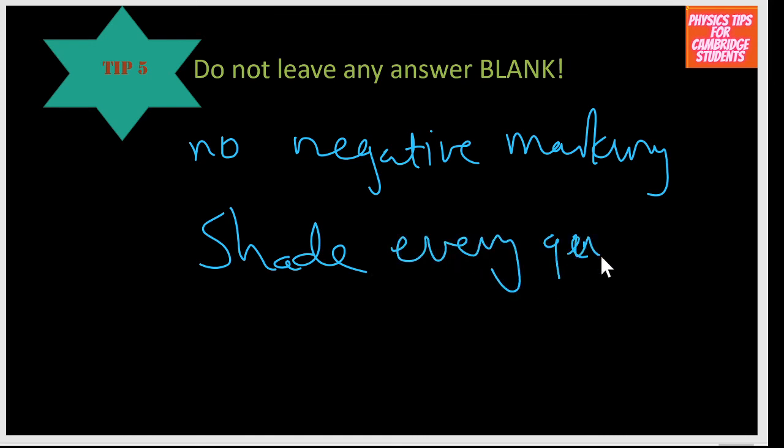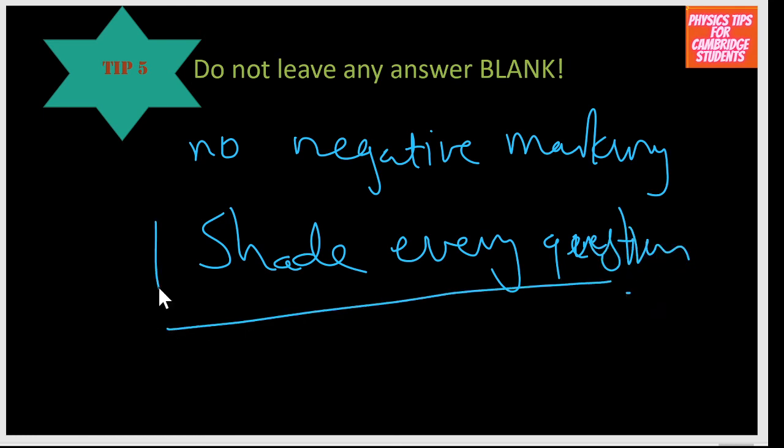Every answer option must be shaded, please. So no leaving of blanks. Because the probability of you guessing the correct answer, like I said, is 25%. So you could get it correct. So after you've tried all the options and you've seen that still you cannot get a clue to get the answer, you should just make a smart or a wild guess.